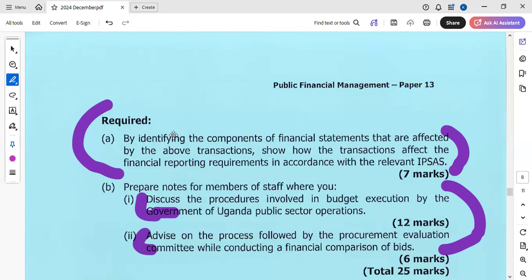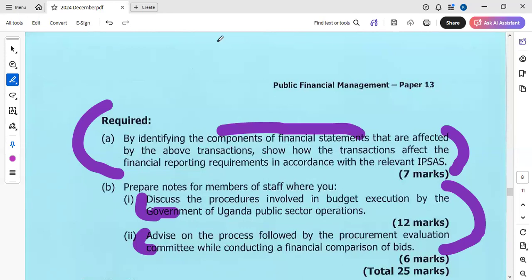They are telling us that by identifying the components of financial statements that are affected by the above transactions, show how the transactions affect the financial reporting requirements in accordance with the relevant IPSAS.